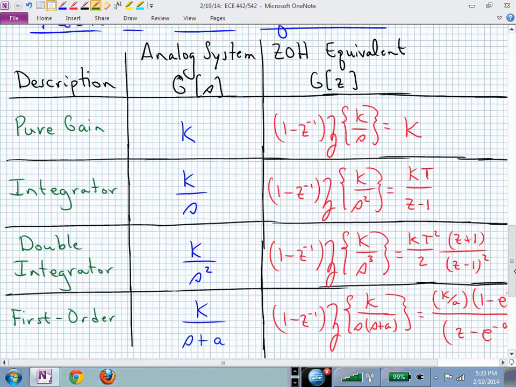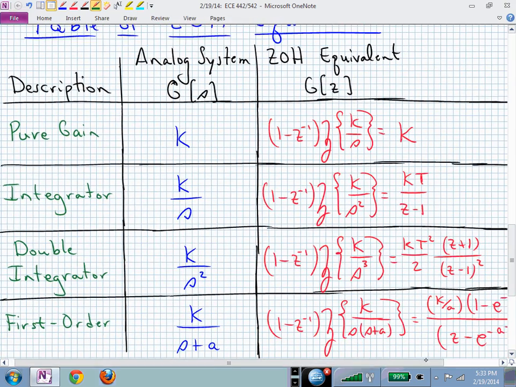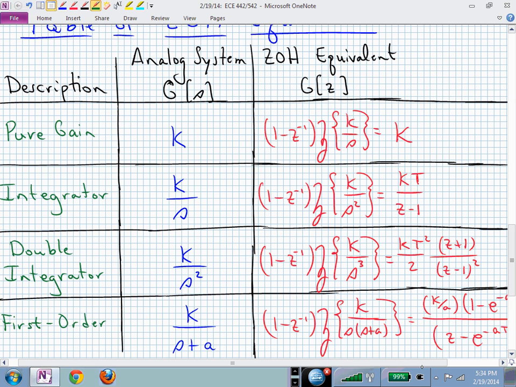Now we will derive a pure integrator zero order hold, and we will look at a first order's zero order hold, but I wanted to give those to you for completeness to begin the lecture.